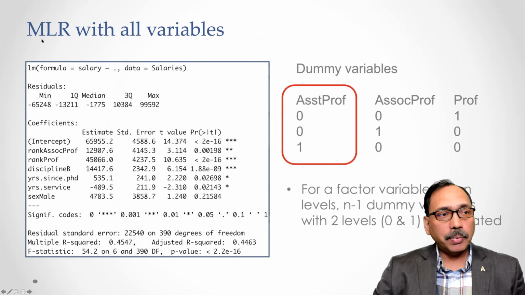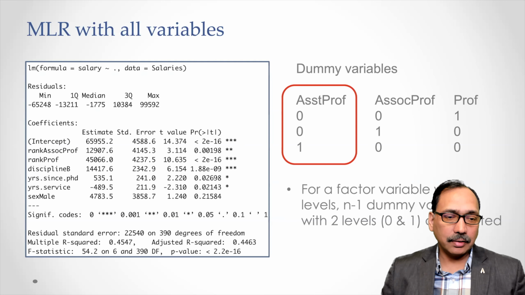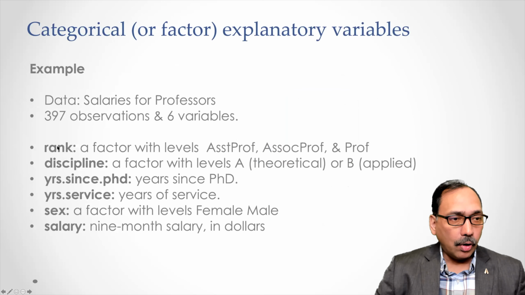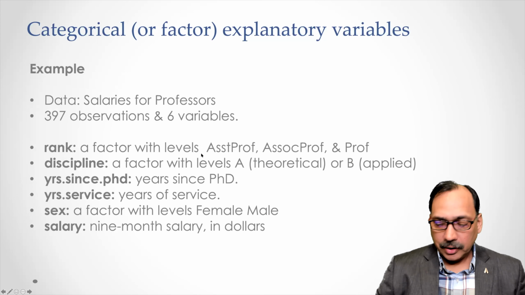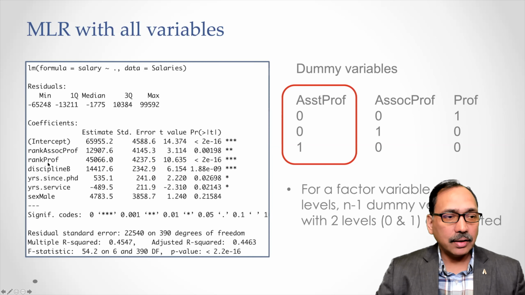When we run a multiple linear regression with all variables, R automatically handles factor independent variables in a certain way. Although rank is one variable, you will notice that there are 2 rows related to rank. One is rank associate professor and the other is rank professor.